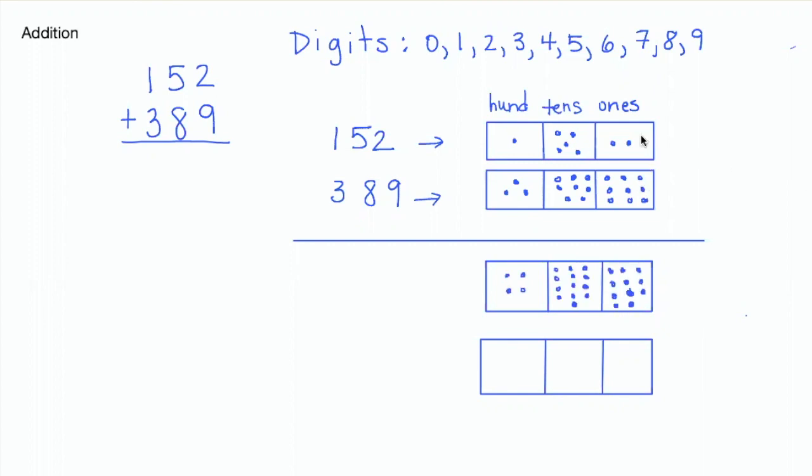Okay, I've combined the 2 dots and 9 dots to create this array of 11. I've combined the 5 dots and the 8 dots to have this combined array of 13, and 1 and 3 to be 4. Now, in terms of knowing what digit to write down, this is a base 10 system. So in any box that has more than 10, I'm going to grab 10 of the dots.